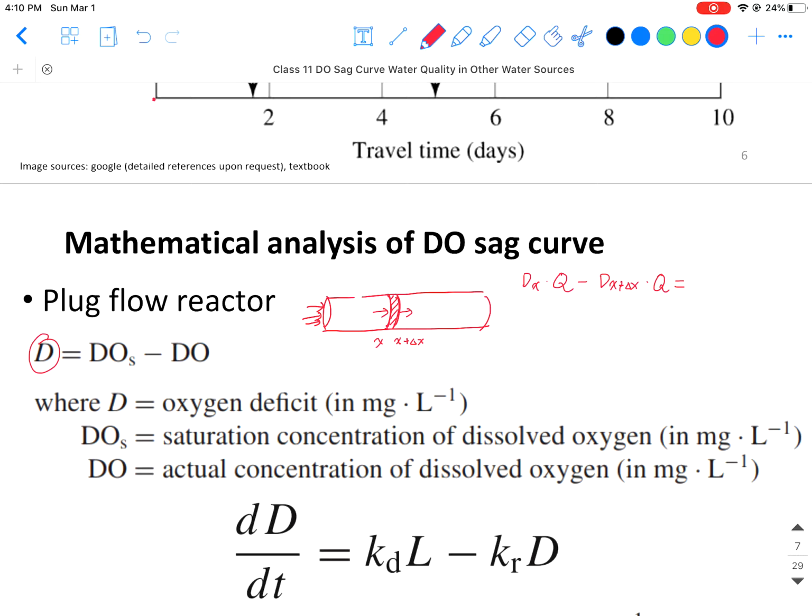Okay, so basically, let's say if initially the oxygen deficit is high, and then after it travels for delta x, the oxygen deficit becomes lower. Okay, it's between x plus delta x and x, and this is mainly because of the reaeration rate.